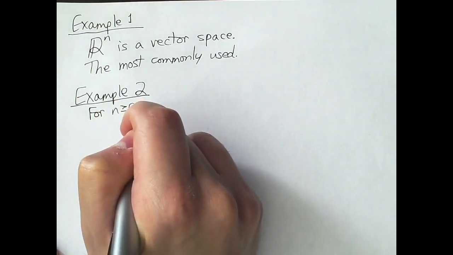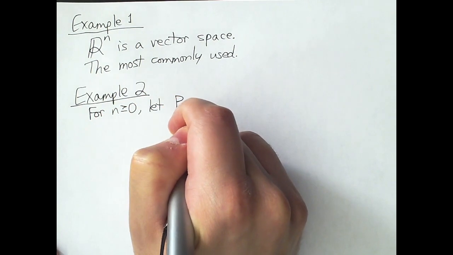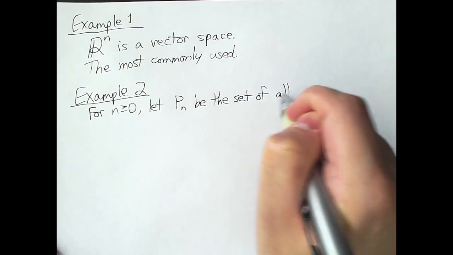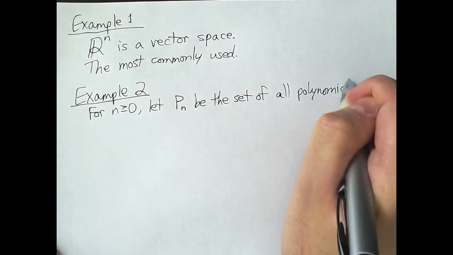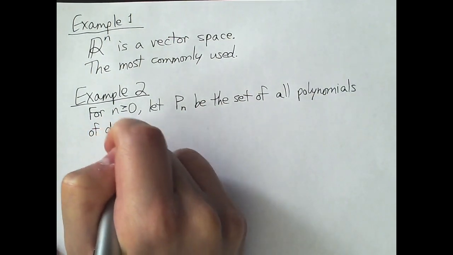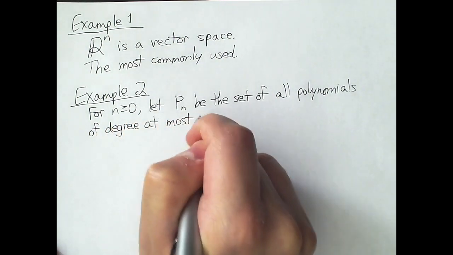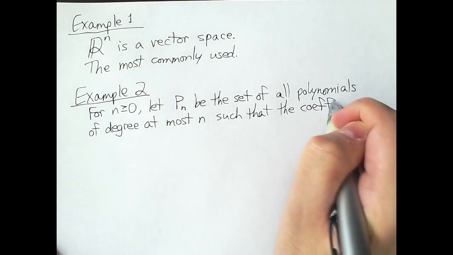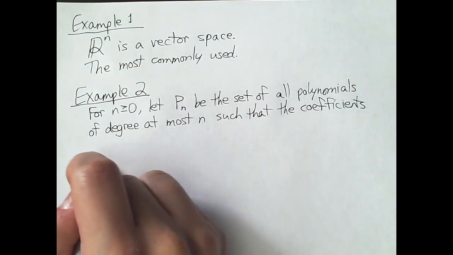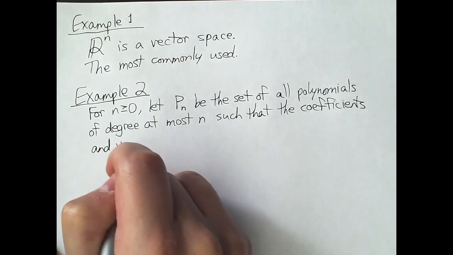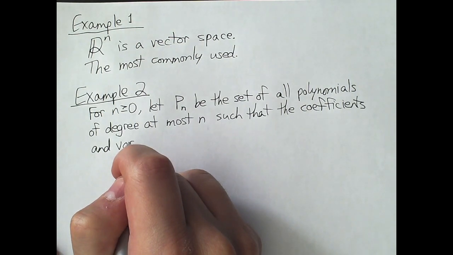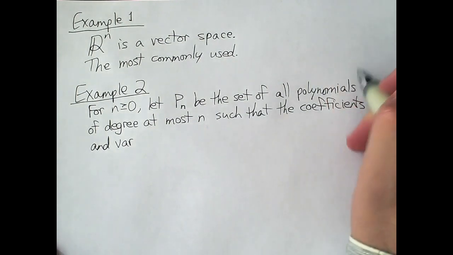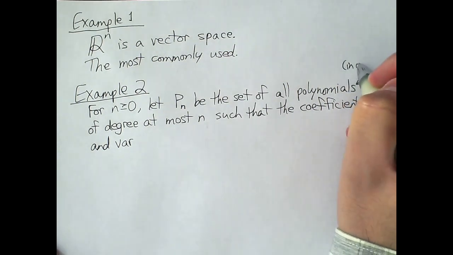For n greater than or equal to 0, let Pn be the set of all polynomials of degree at most n, such that the coefficients and variables, when I say polynomials, I guess I should technically say in one variable.